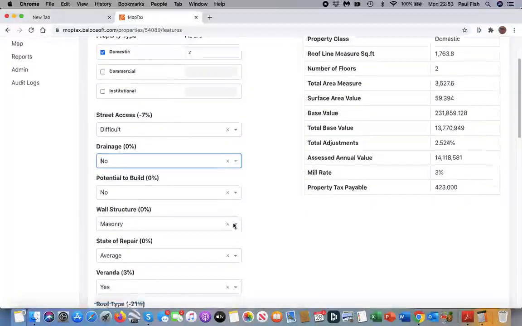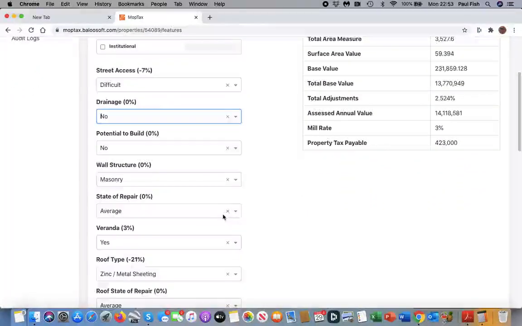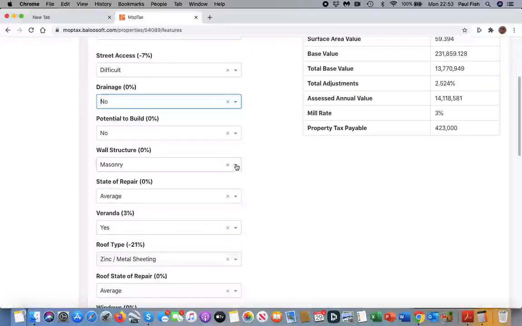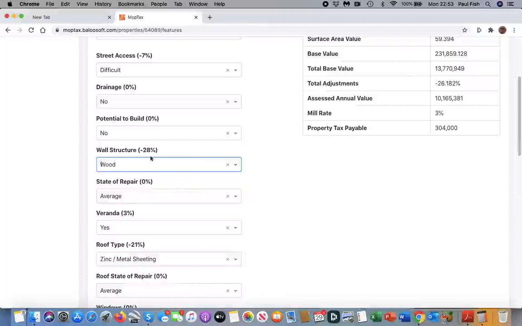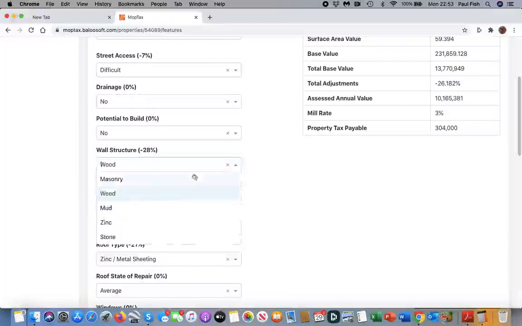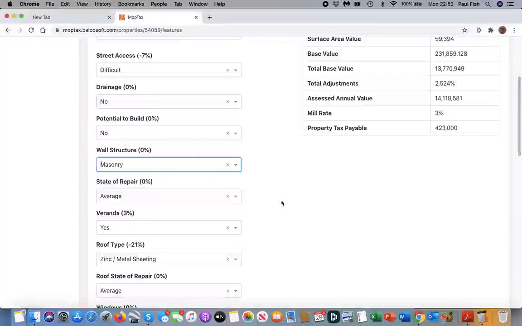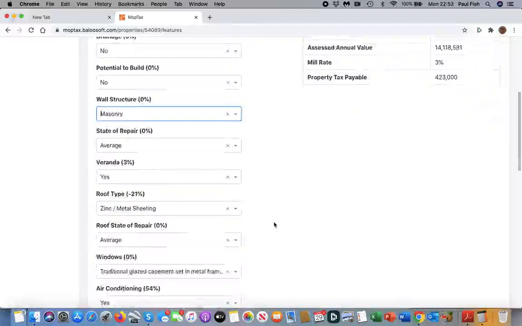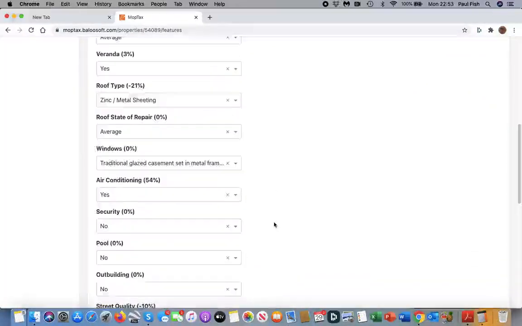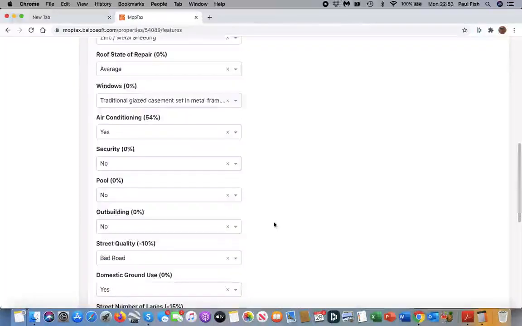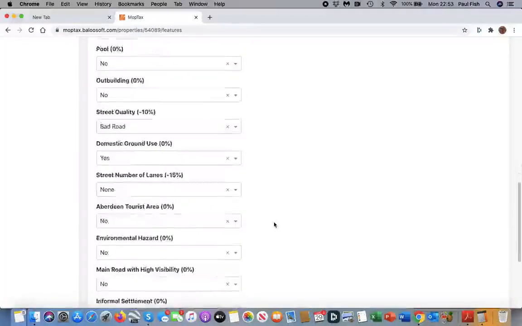And you can see all of these features here. If the wall structure was wood, that would be minus 28%, and the adjustments would be down. But it's not a wood structure, it is a masonry structure. And as a result, you can see all of the features here that are considered in valuing the property.